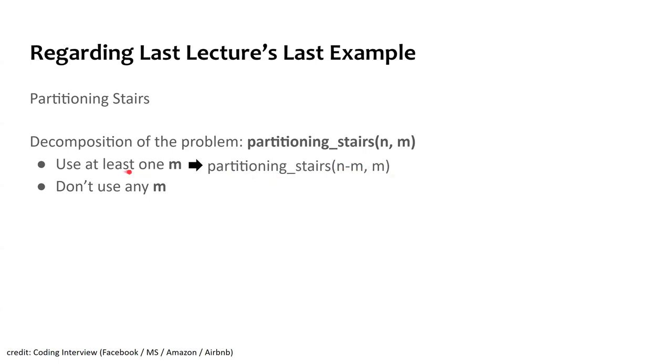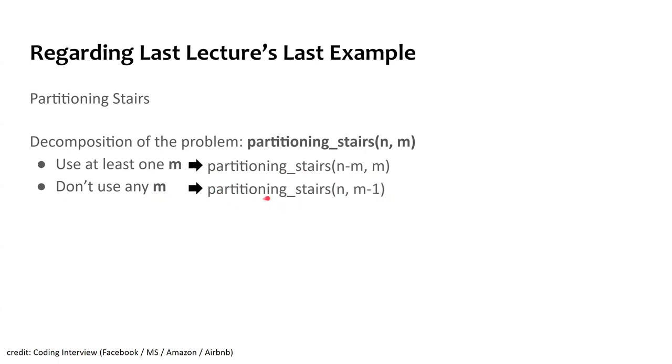Because you're using at least one M step, that means you need to reduce the total number of steps N to N minus M like this. And because you may be using more than one M step, you just put M here. In the other case, if you are not using any M, then you need to call this function with this parameter.